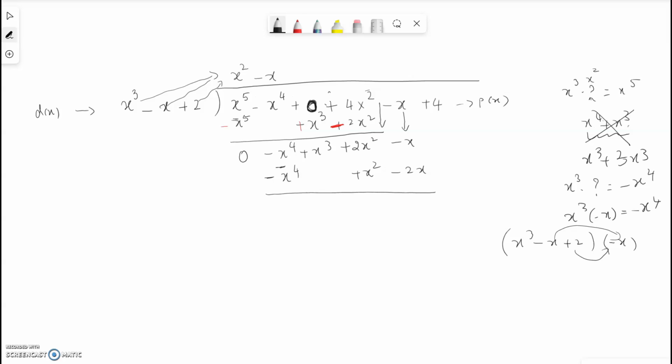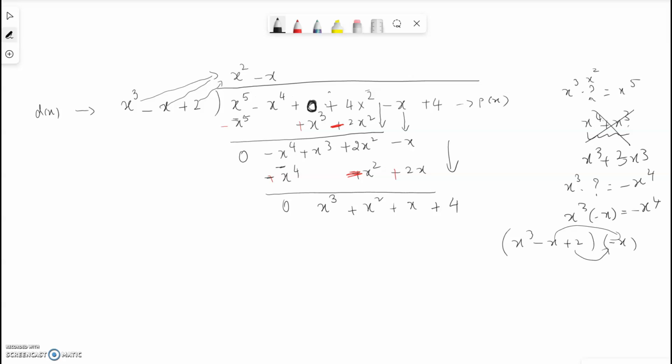Now we subtract, which means we change the signs and then add the two expressions. So this becomes a 0. We have an x cubed plus x squared plus x, and then of course plus 4.